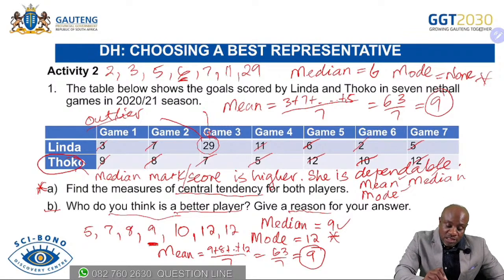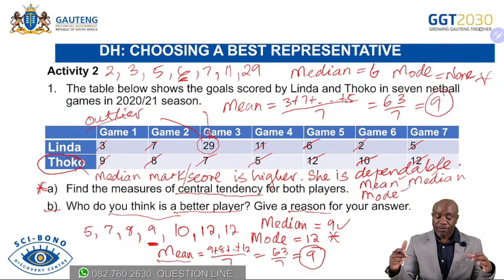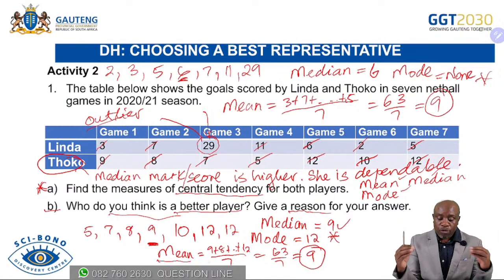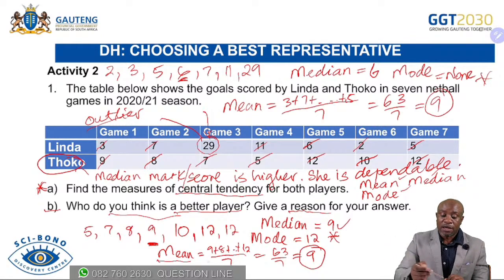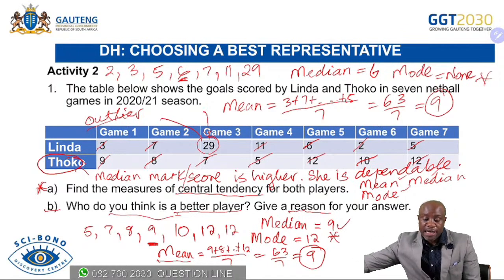This dismisses the use of the mean, because that number influences our mean, since the mean is the total of all the values divided by the number of values. If she did very highly in one game, it will influence the average. If we remove the 29 for Linda, she won't get an average of 9. Let's try that and see.